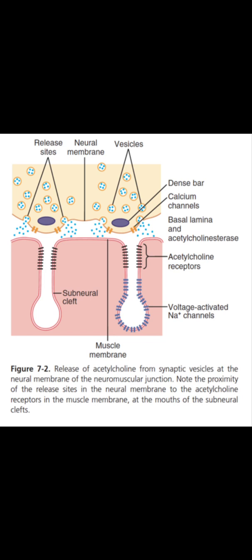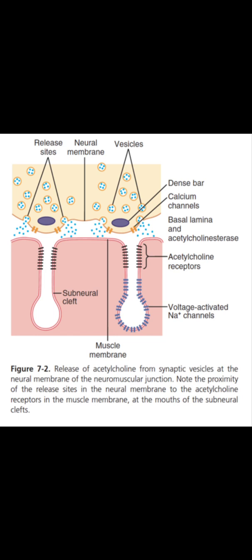When an action potential comes through a motor nerve to its endings on muscle fibers, at each ending the nerve secretes a small amount of the neurotransmitter acetylcholine. This acetylcholine activates ion channels, and when they are stimulated or opened, sodium influx occurs.